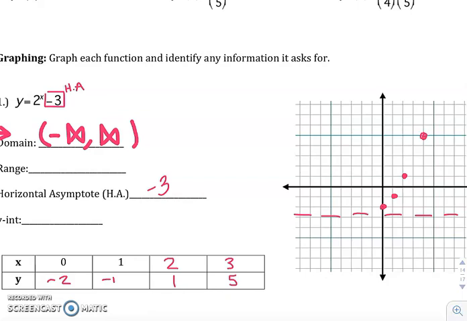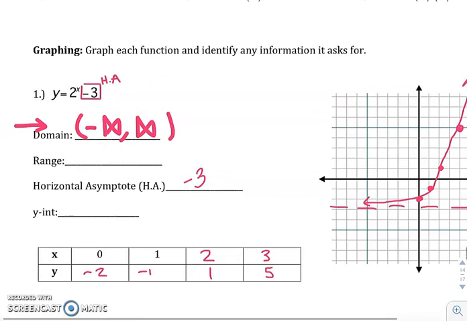This is not a straight line. It's curved. And it comes down, and hopefully you can draw yours a little bit better, and comes down right along that horizontal asymptote. It shouldn't come down and go past your asymptote. It's coming down and starting to level off at your asymptote.